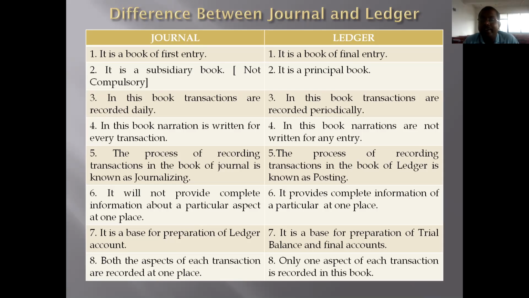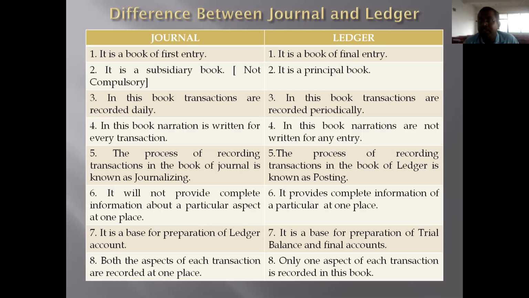What is the journal entry? Cash account debited to sales account. So both cash and sales will appear at one place in the book of journal. But in case of ledger, the cash information will appear at one place, and the sales information will appear at another place.